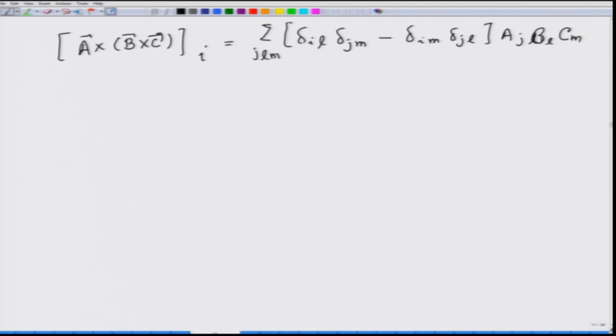Notice I have to sum over j, l and m, because on the left hand side there is only the ith component. So all j, l and m should go away. Let us see what it is.